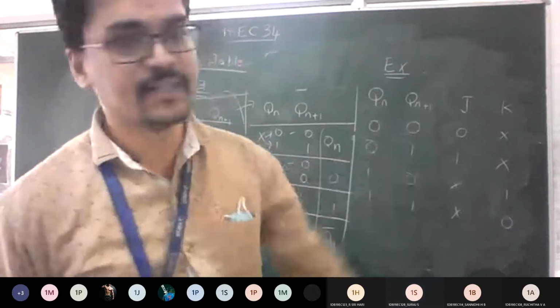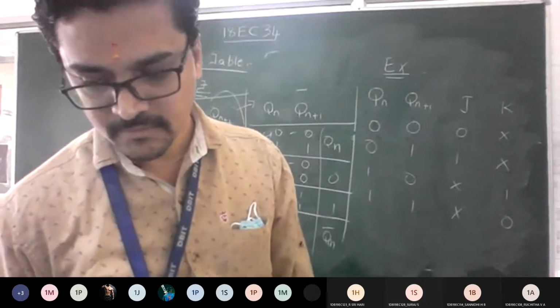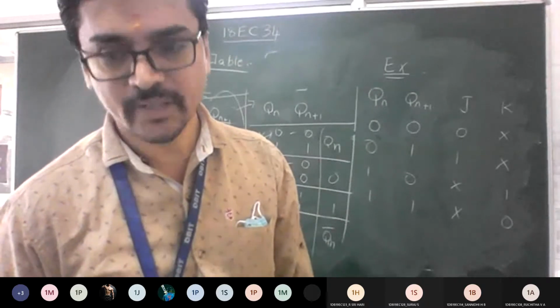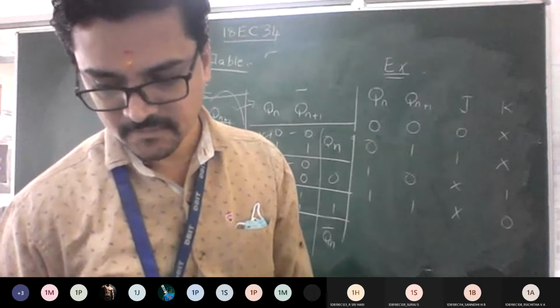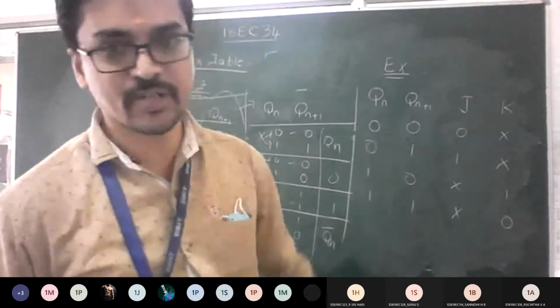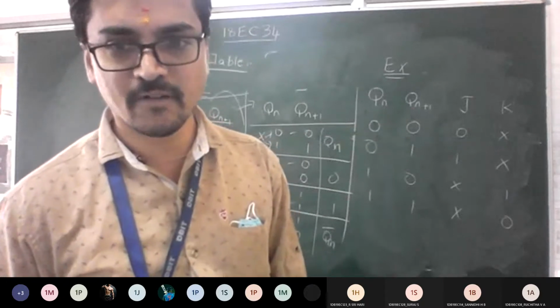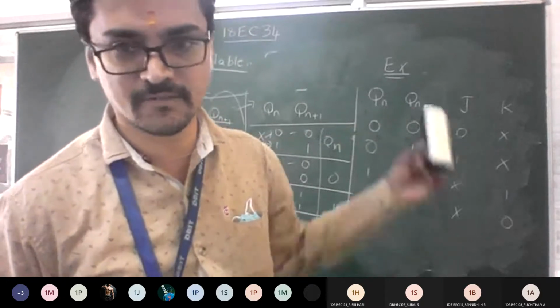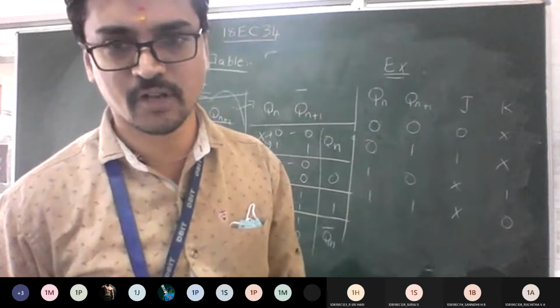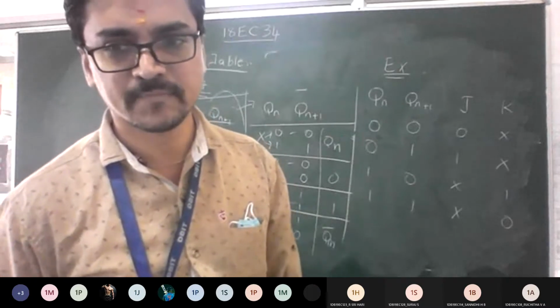Then what will the excitation table be? How does it look? Is it the same 4 combinations I should take, or only 2 combinations? That is the question now. For SR and JK flip-flop, you understood because of 2 input combinations, so you got 4 combinations. Now tell me how to plot for D and T.